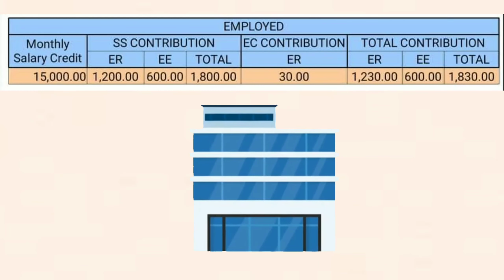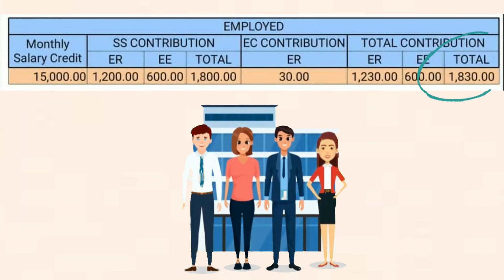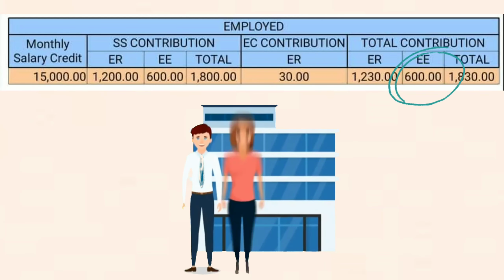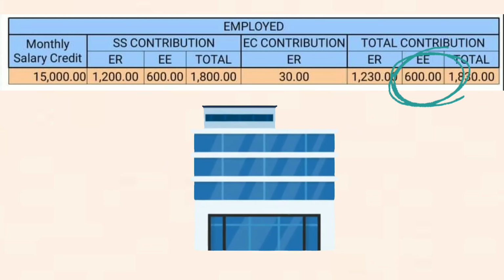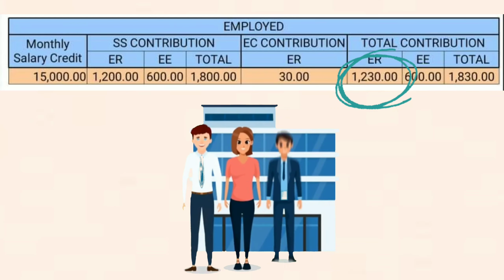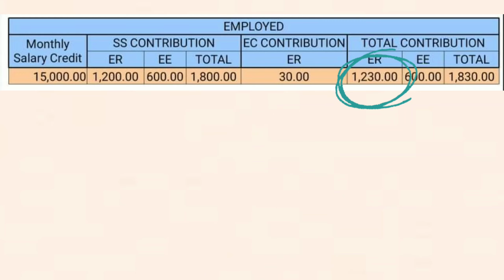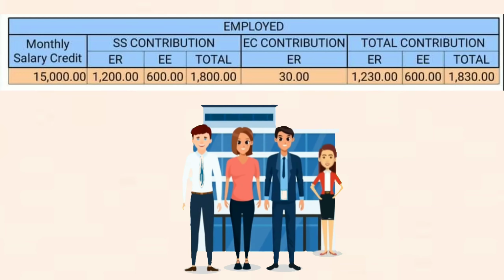If an employee has a monthly income of 15,000, the total contribution will be 1,830 pesos a month. 600 pesos of it will be contributed by the employee, which is deducted from the gross compensation, and the remaining 1,230 pesos will be the employer's share of the contribution, which is not deducted from the employee's gross compensation.